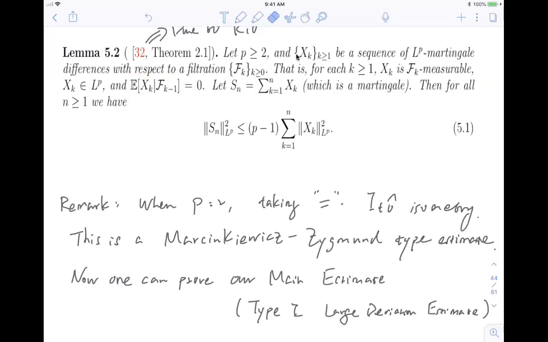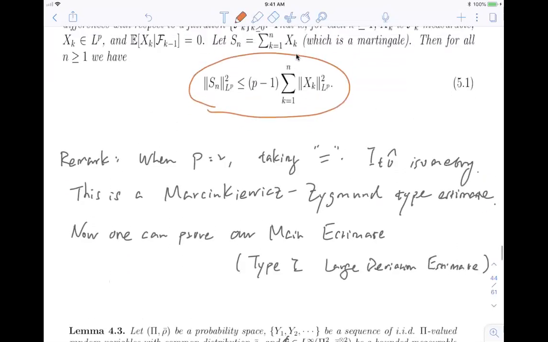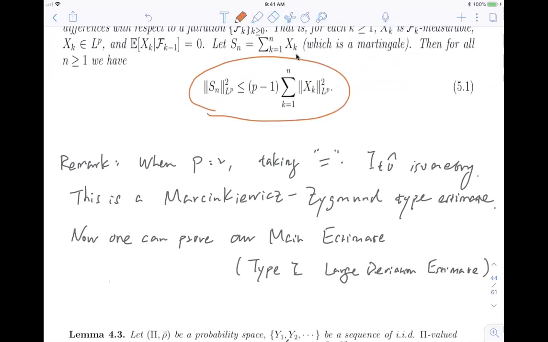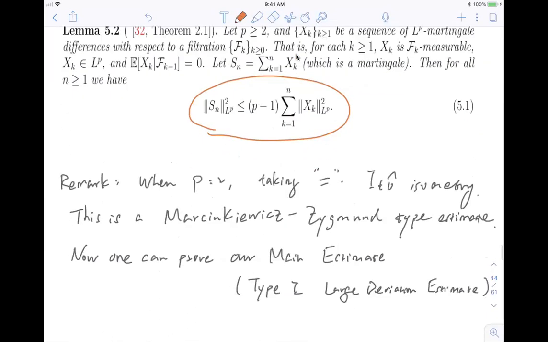So this is actually a very sharp estimate, and people tried to find this for a long time. They tried to improve these factors, but this result is due to Rio. In particular, S_n is just the sum of the first n terms of X_k.